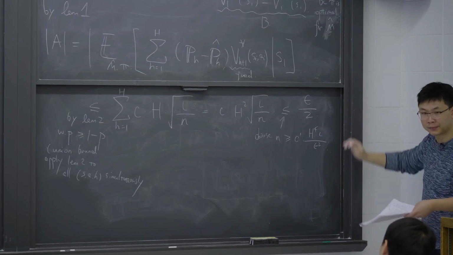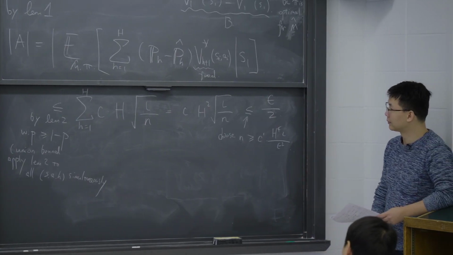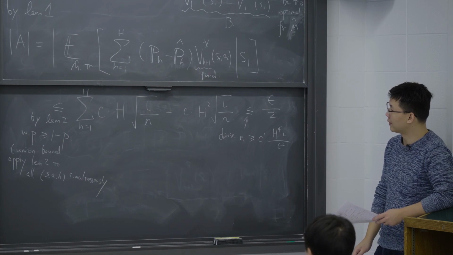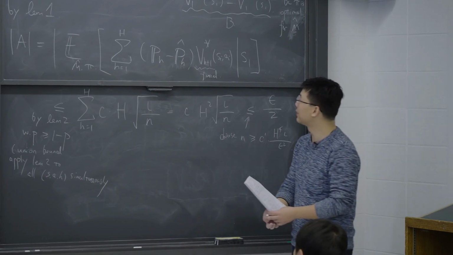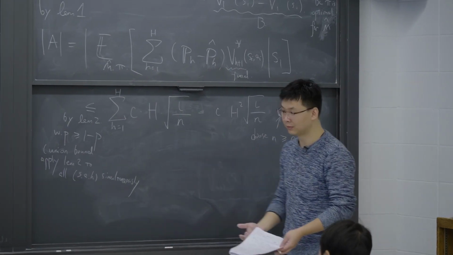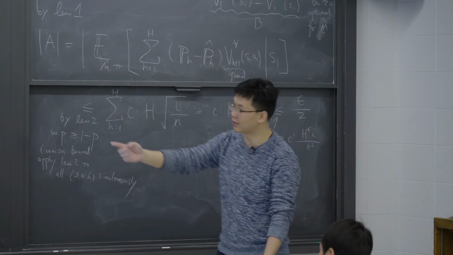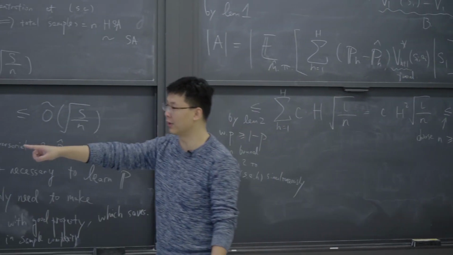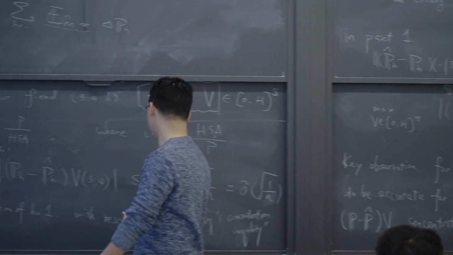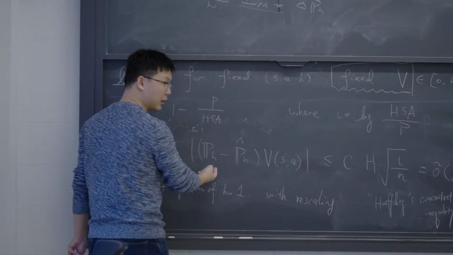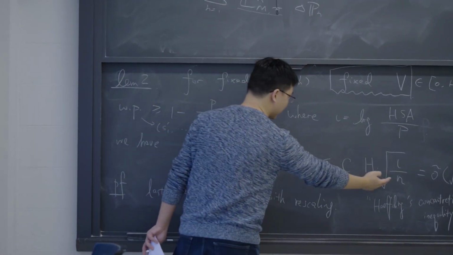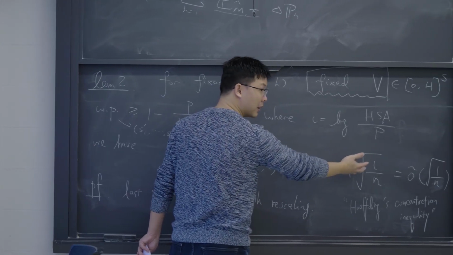Professor? Yes. Where is the small h used? So essentially, in this concentration, although this applies for the transition difference for small h, because we have n samples, the upper bound actually doesn't depend on h.